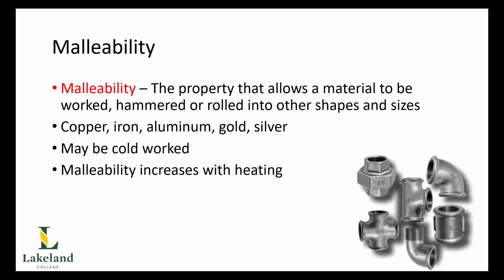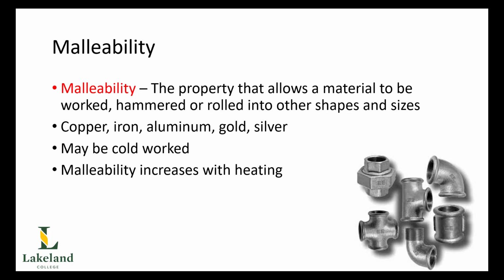Okay, the next one we need to talk about is malleability. Malleability is another word for basically workability. How easy is it to take this material and basically work it, hammer it, or roll it, for example, and move it into a different shape or a different size or even a different thickness?